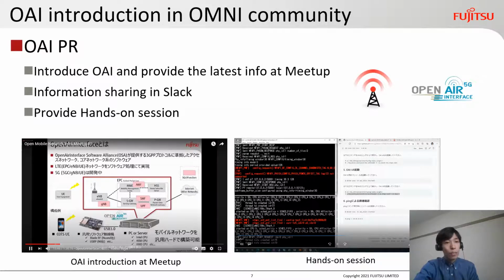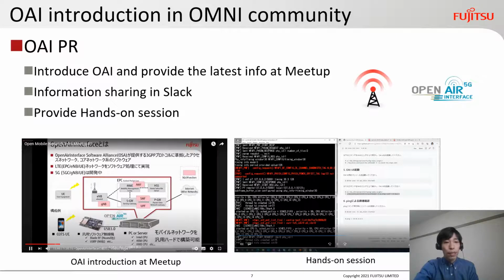The screenshot on the right is from the hands-on event. We asked participants to prepare their own environments and confirm attach and U-plane traffic while actually operating commands together.